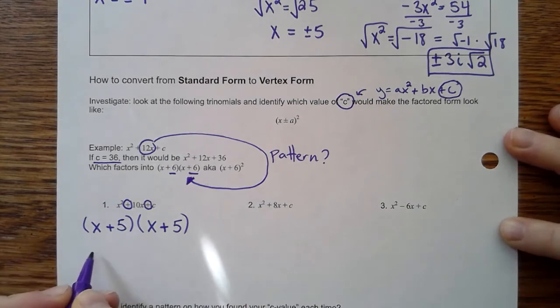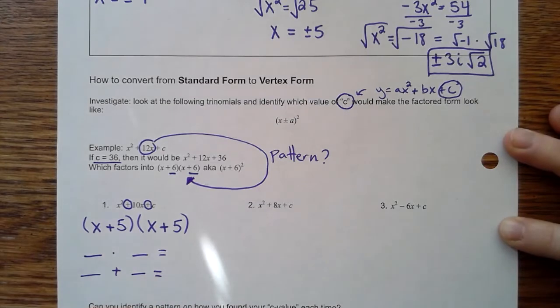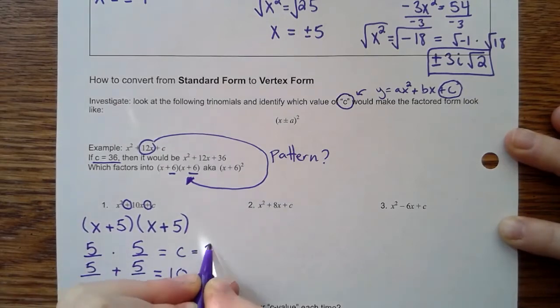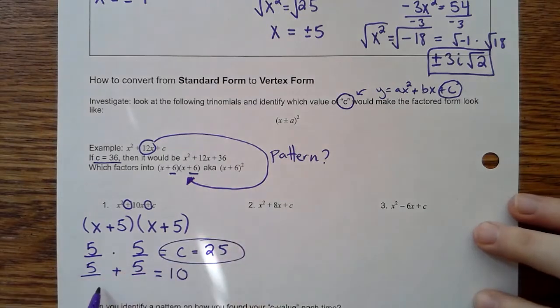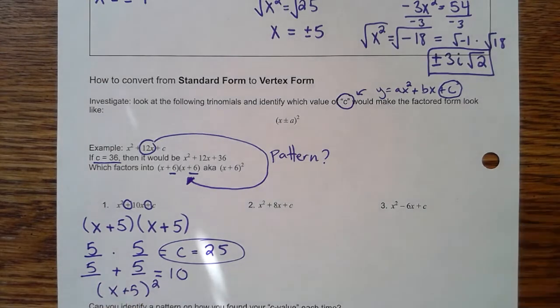Well, we think about our A times C that adds to B. So we're trying to add to 10 and we're trying to multiply to C, which we don't know what that is yet. But if I have 5 plus 5 is 10, okay, well, this has to be 5 times 5. So now I know that C is 25. So our answer is C equals 25, and our factors would be x plus 5 squared, right? Because I have the same parentheses twice. Okay, let's do this again.